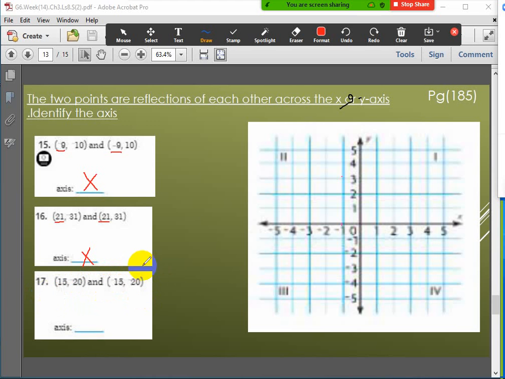Which numbers are the same? Very good. This is X or Y?